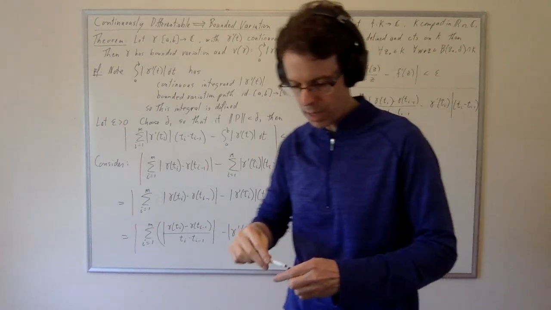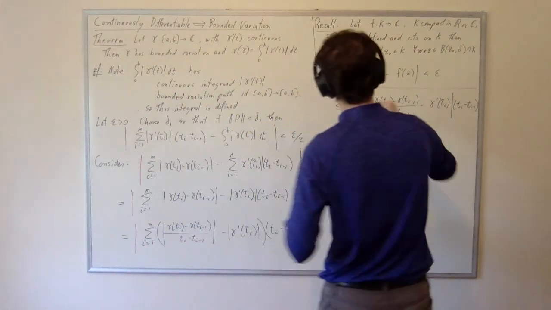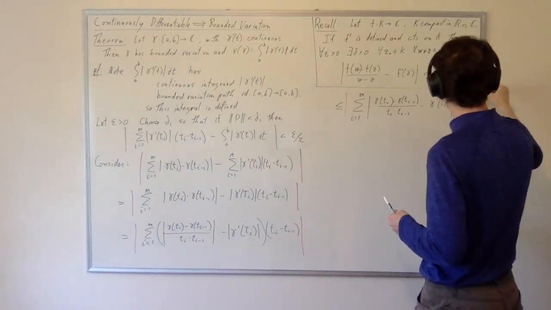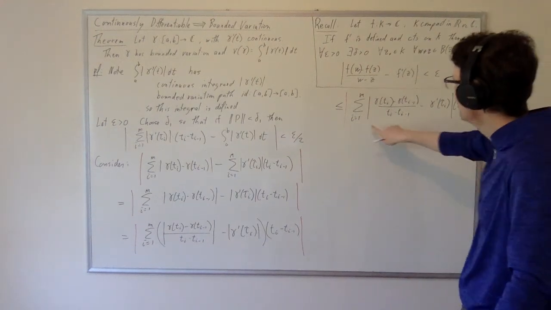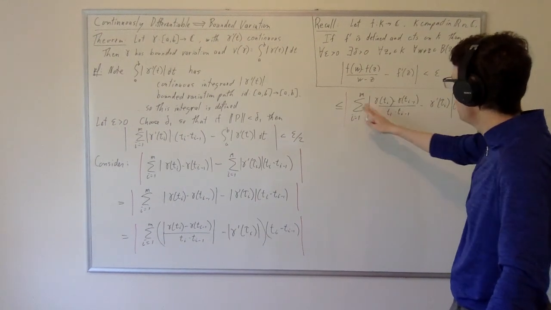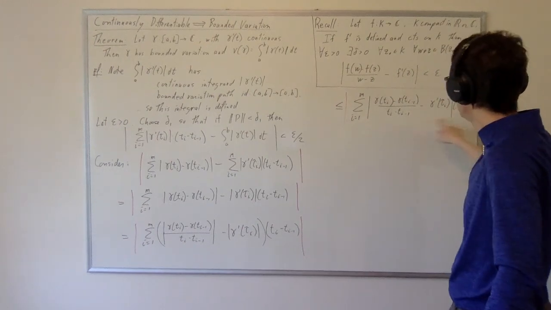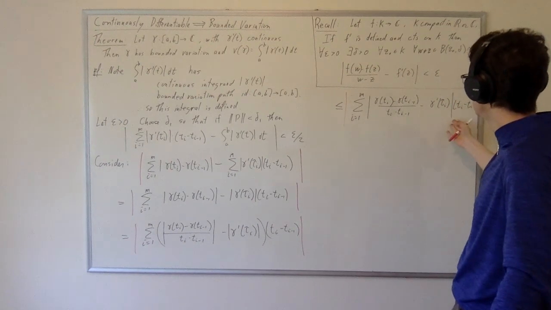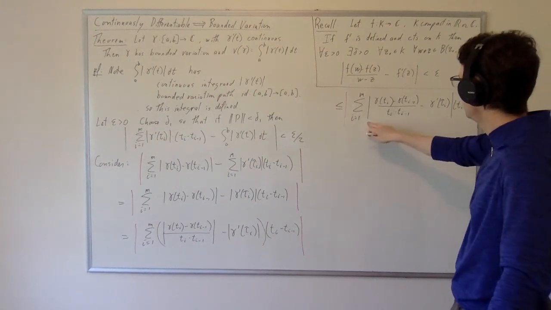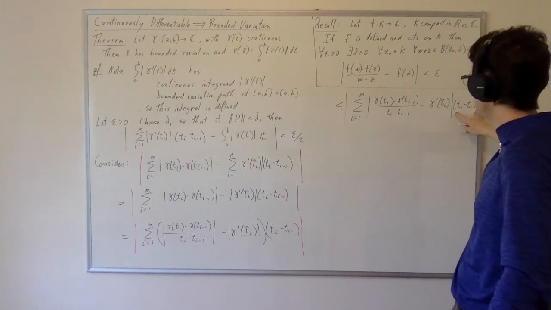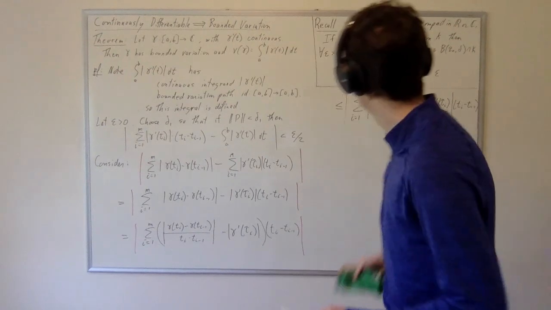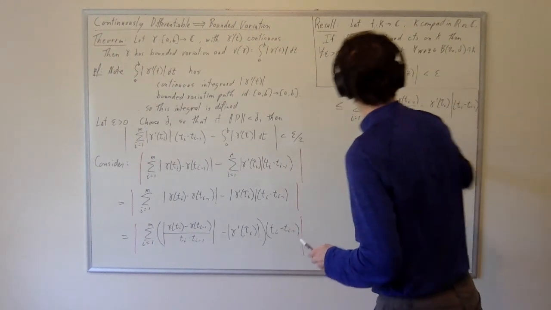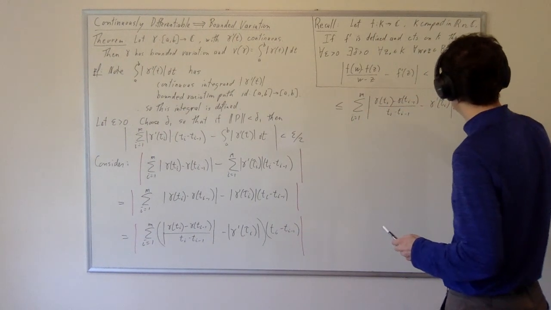And then again, we still have these huge absolute value signs around the entirety, but they start to matter less and less because now that I've done this, this term here is definitely non-negative, and every term here is definitely a non-negative real number, and so these outer absolute value signs don't actually matter.